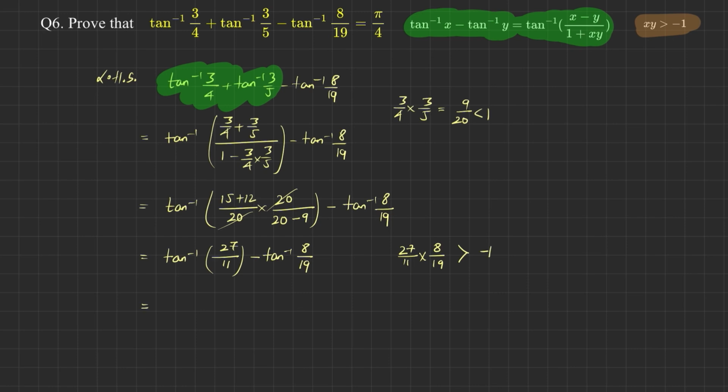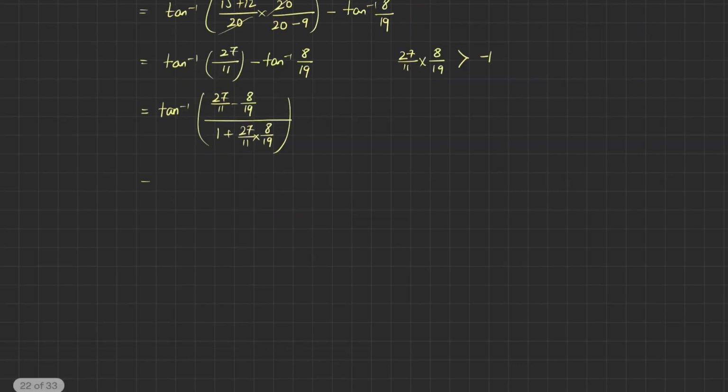So it will be tan inverse of (x minus y), that is (27 over 11 minus 8 over 19) whole divided by (1 plus 27 over 11 times 8 over 19). Let's simplify this further.